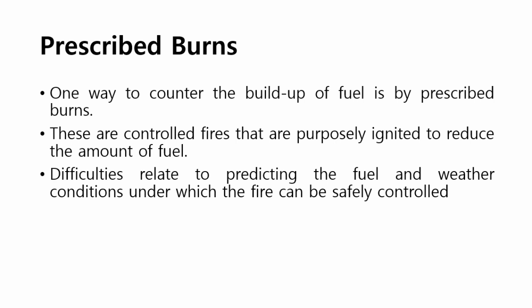But the challenge is that it is really difficult to predict the fuel conditions and weather conditions. If we ignite some places for prescribed burning, we don't really know whether this burning will escalate to destructive wildfire spread or will successfully just reduce the amount of fuel availability.